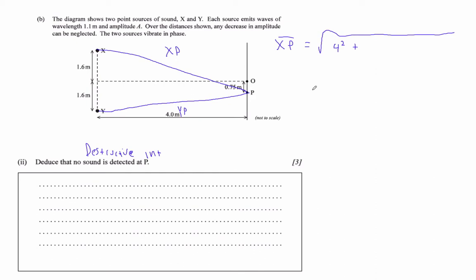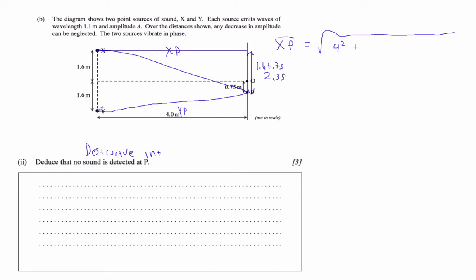Okay, so we can do that. This distance here, we can do it. What is this distance? I think that's 1.6 plus 0.75. Does that make sense to you? I hope it does. I think you did this as a warm-up. 2.35.